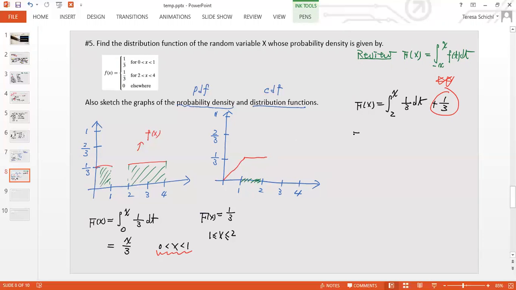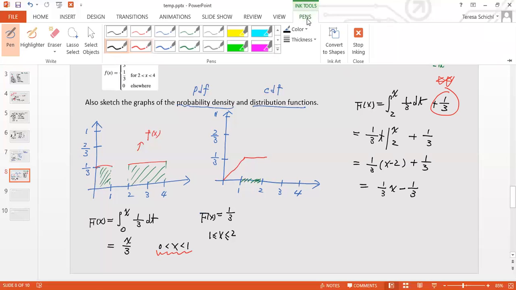Okay, so now let's take a look at what my integration is here. The integration is easy, it's x over 3. So this is 1/3 times x minus 2, plus 1/3. So this will be 1/3 x. And this is negative 2/3, so plus 1/3 gives minus 1/3, right?